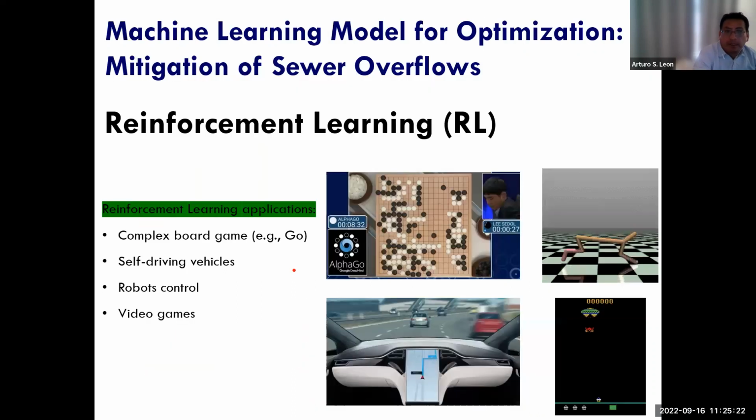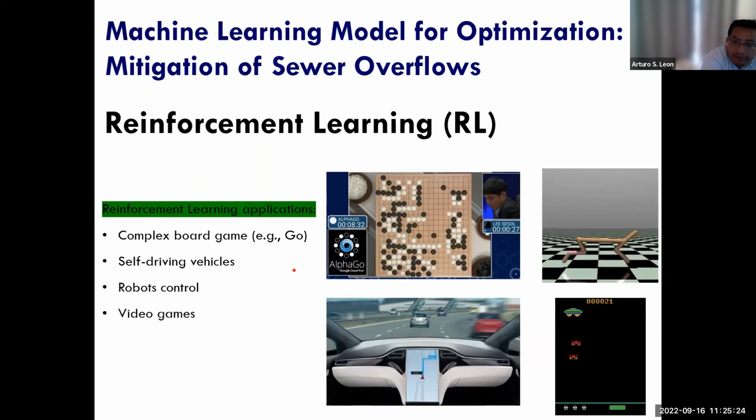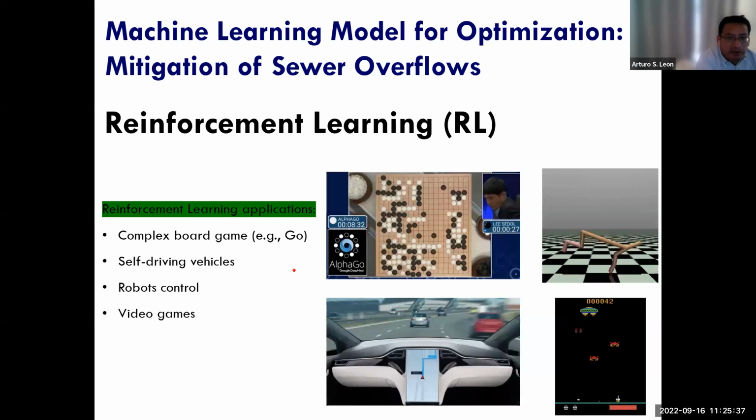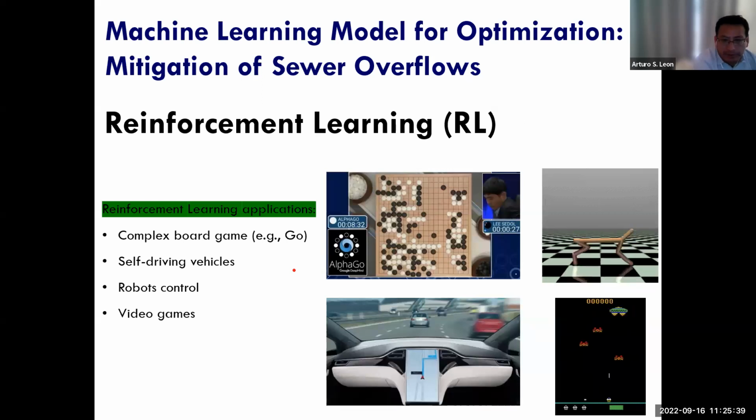Now one of the applications of this is to optimize, or basically minimize, sewer overflows. To minimize sewer overflows, we have to use some kind of optimization for the optimal control.